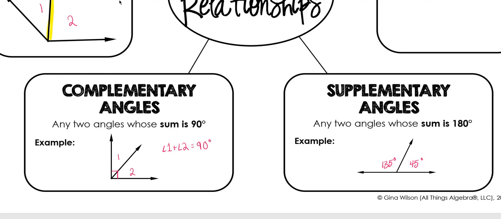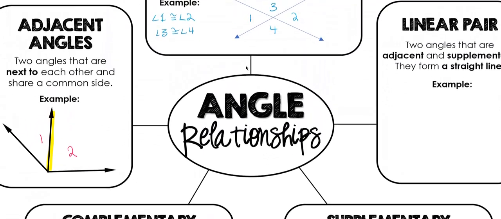I think of compliments, and they are the right thing to do, to give a person a compliment. So complementary angles are the right thing to do, so they're 90 degrees. It might be a silly way, but it works.